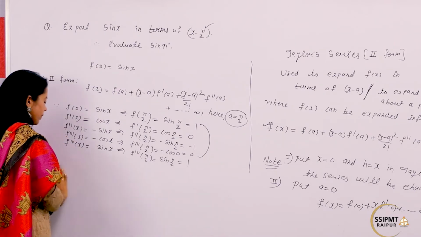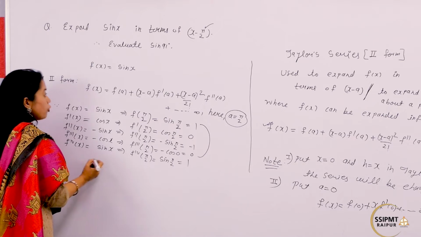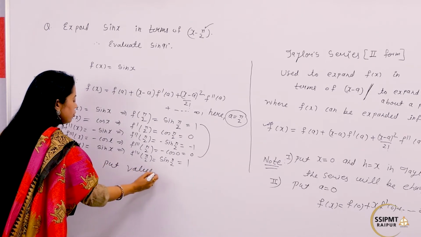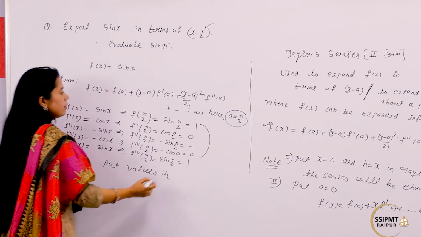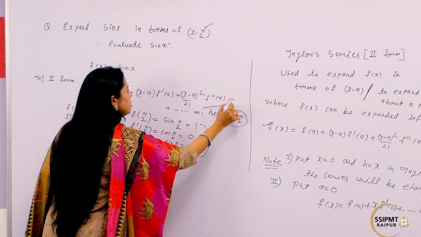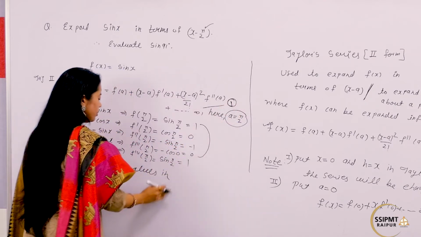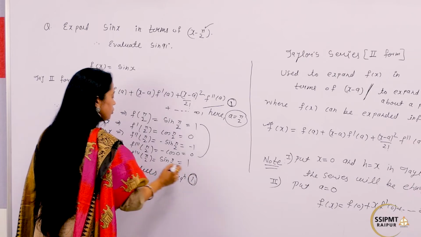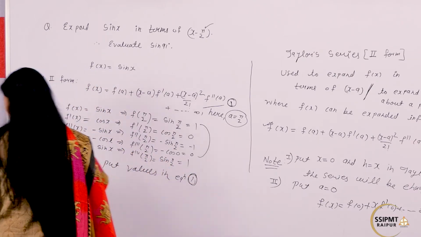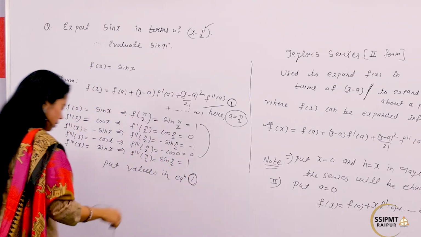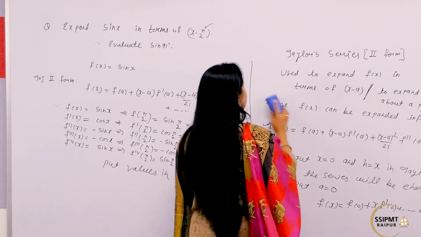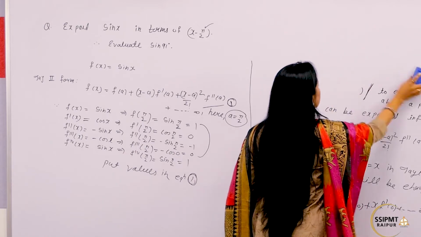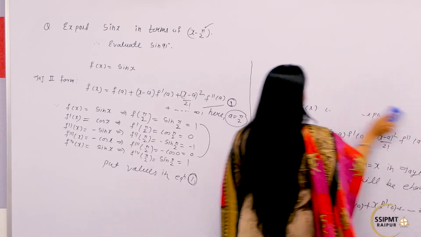So we put all the values in Taylor's series in second form, which is written in equation number 1. So we will put all the values and see what will be the series of sin x when it has been expanded about pi by 2.